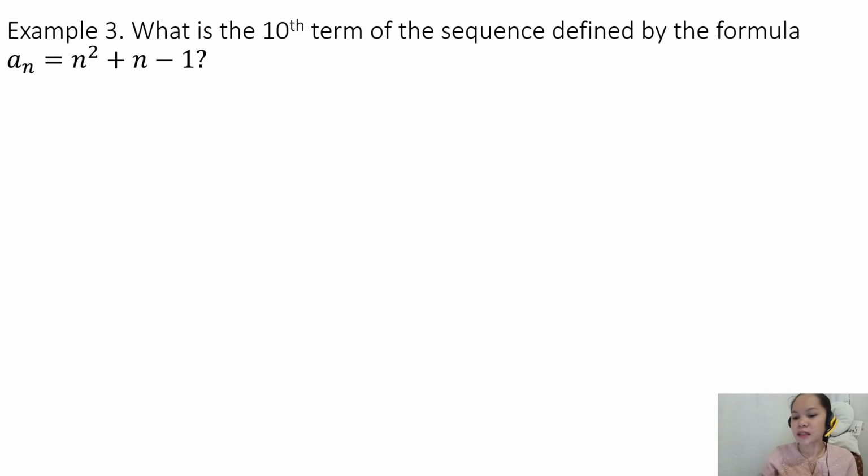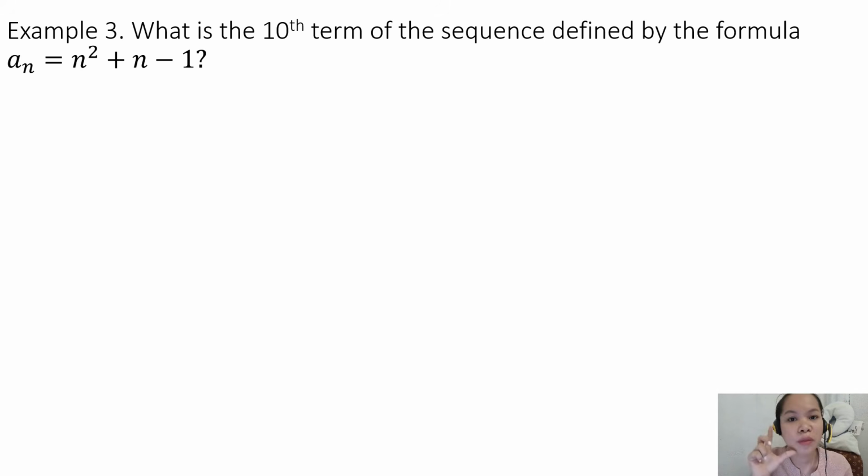Okay, so let's proceed to example 3. What is the 10th term of the sequence defined by the formula an is equal to n squared plus n minus 1? This time we have a quadratic equation of degree 2. No matter how hard the equation is, because it depends, some of the items have easier formulas, while some have complicated ones.